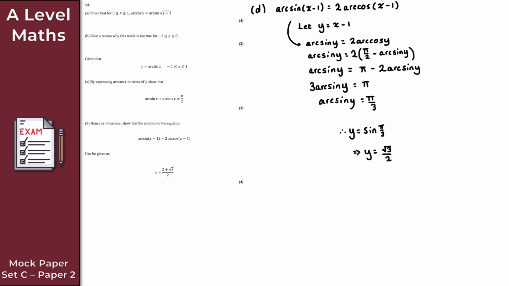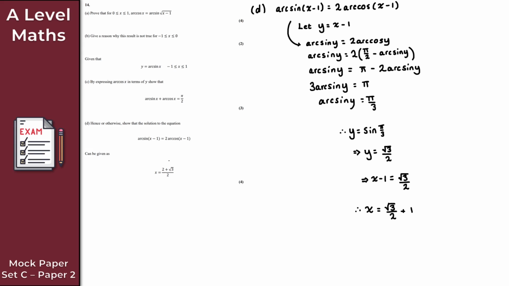Now, don't forget we've used this substitution, so y is x minus 1. So x minus 1 is equal to root 3 over 2, and then finally, x is equal to root 3 over 2 plus 1.